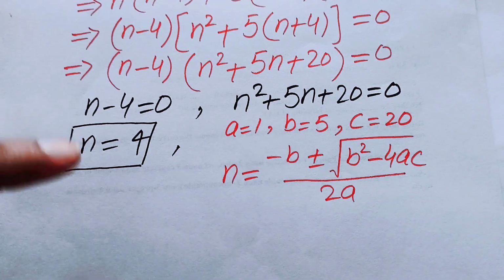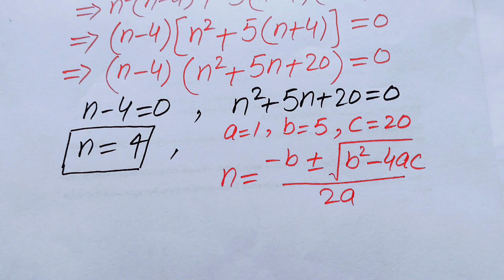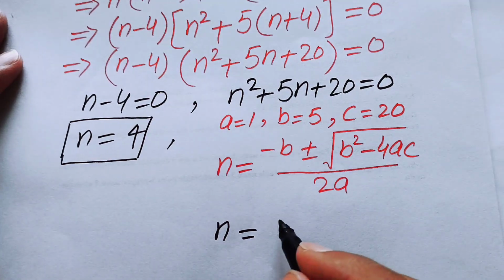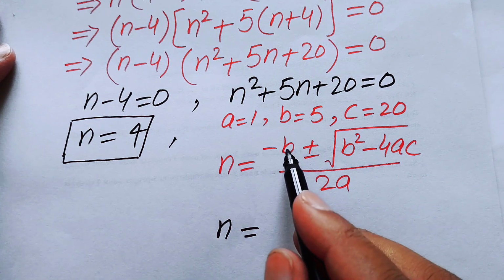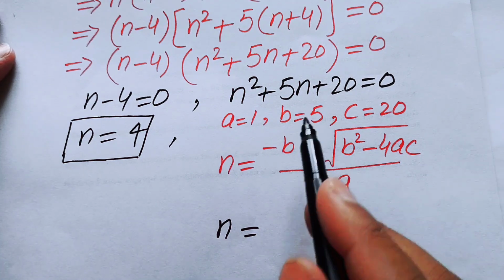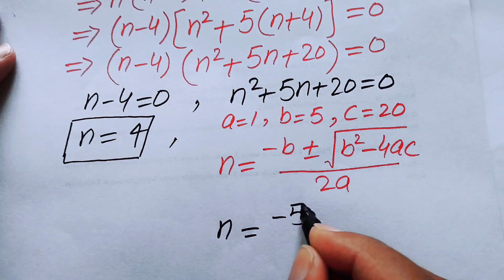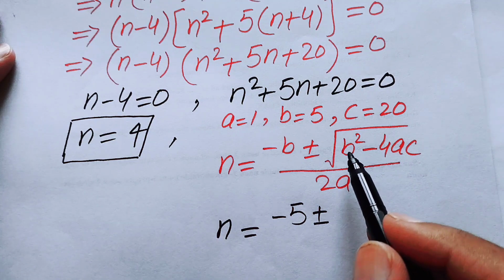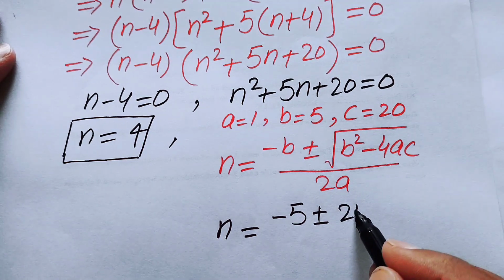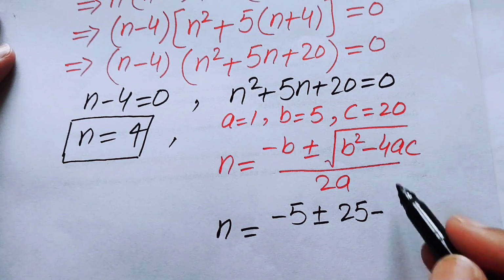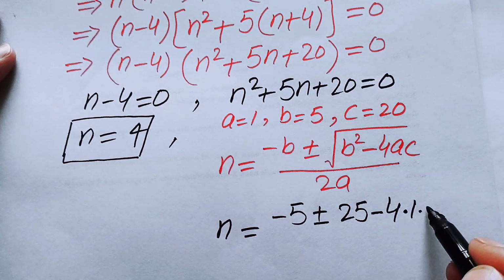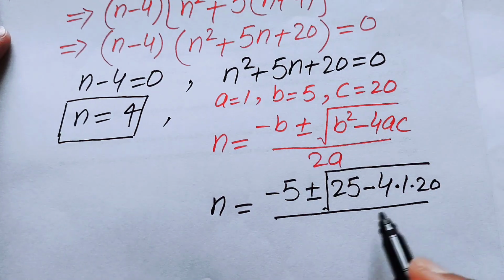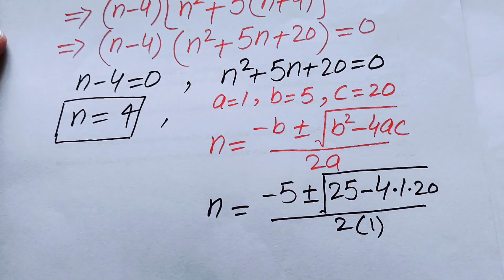Now I can put all the values of a, b and c in this formula, and you get its output in the form of, here you have minus b, and the value of b is 5. So when we put here, you get minus 5 plus minus square root of, when you put here 5, it becomes 5 squared, and 5 squared is equal to 25, minus 4 times a is 1 and c is 20, over 2 times a, and the value of a is 1.